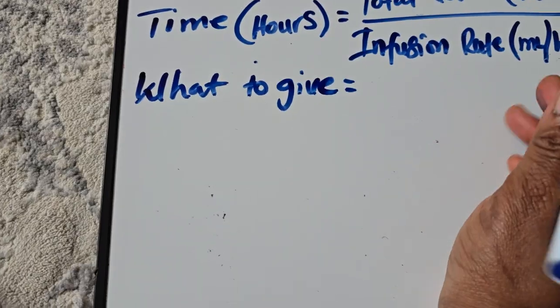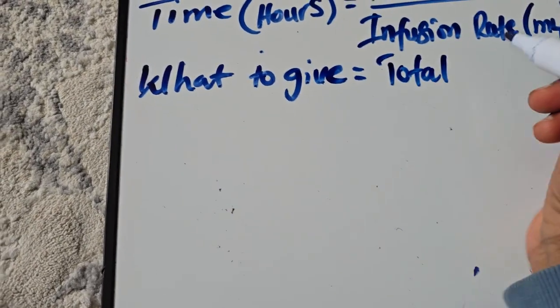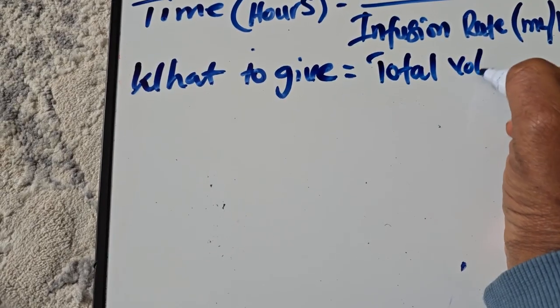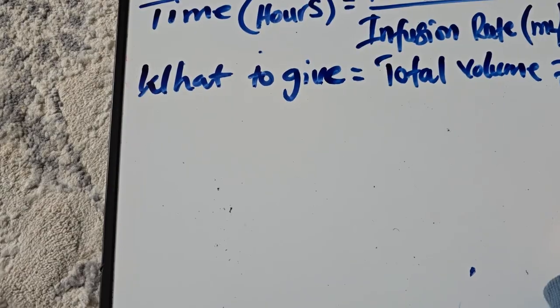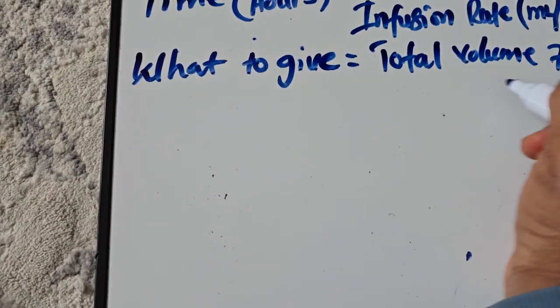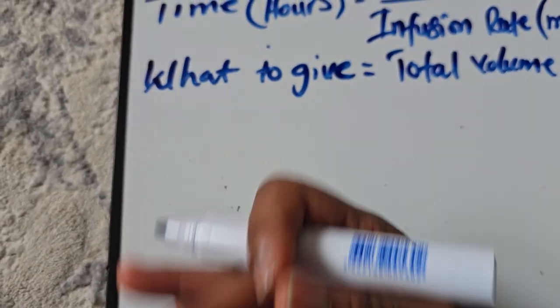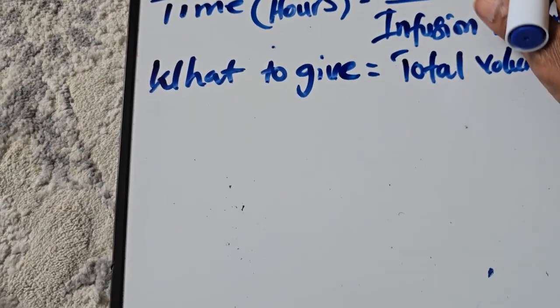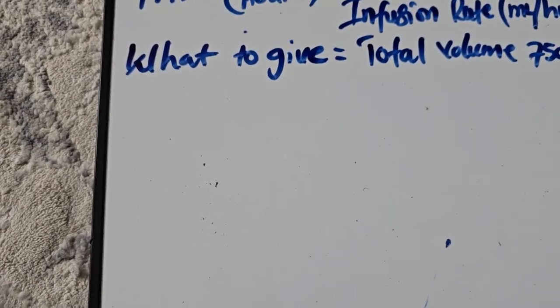This is going to give us a total volume of 750 ml. Yeah, so that is what is set to be given. And then let's identify the infusion rate. So in the question, our infusion rate is 60 ml per hour.